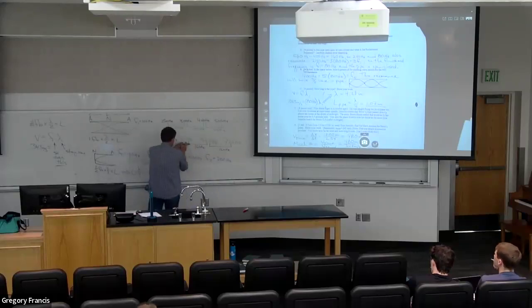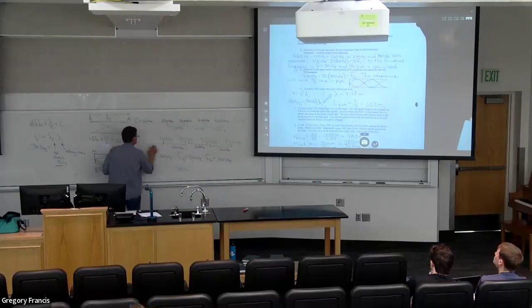So if I subtract 160 off of 400, well, that's going to give me 240. And if I subtract another 160, well, that's going to give me 80.